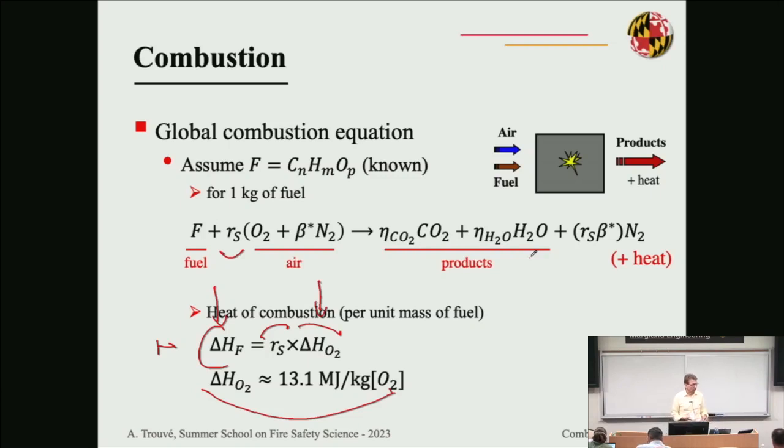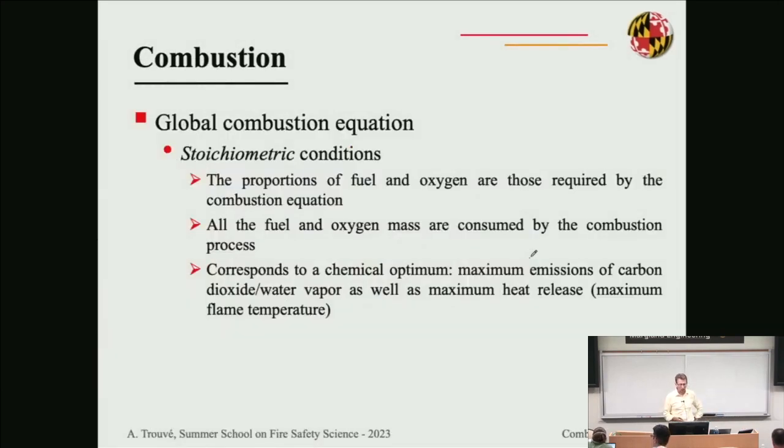So there is a lot of good information coming from this simplified, thermodynamic viewpoint associated with the global combustion equation. In addition, this equation is going to give you some understanding of over and under ventilated conditions.